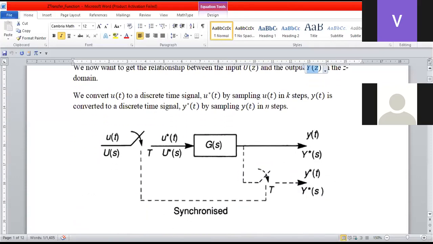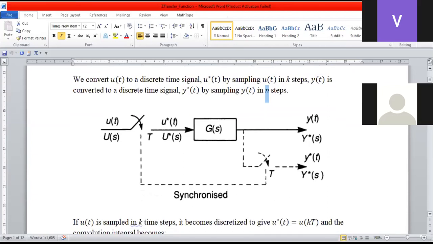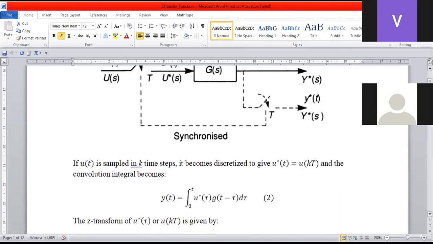In order to do that, we are going to consider u(t). u(t) is in the continuous time domain, so to convert it to a discrete signal, it's going to be sampled in k steps. Also the output y(t) is going to be sampled in n steps in order to convert it into a discrete signal. That's the principle we are going to follow.